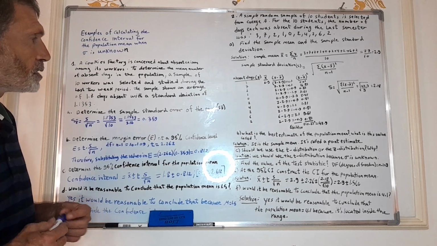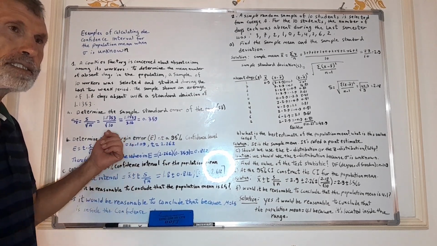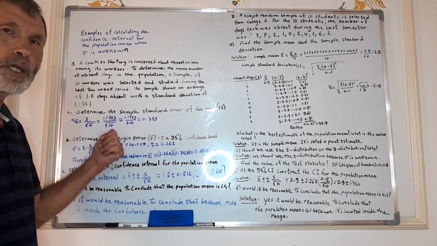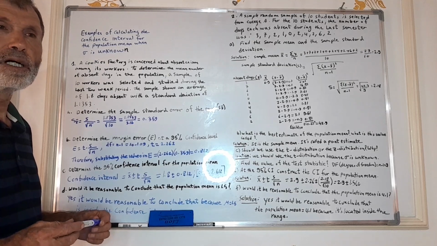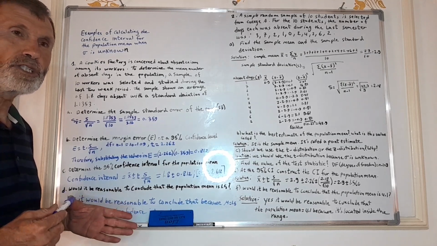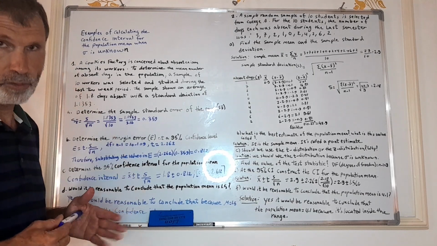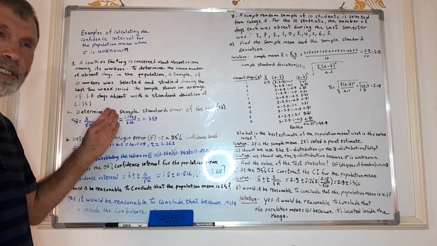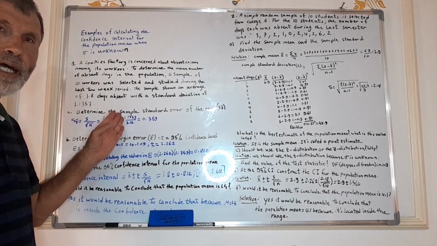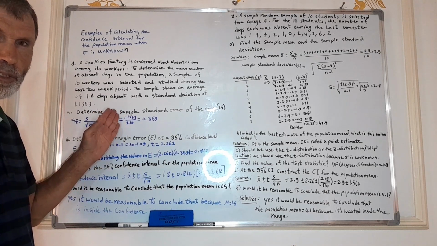So now I'm just going over the question again to show you that this question is solved by using the formula of the confidence interval of the population mean when the standard deviation is unknown. However, previously I did solve it assuming that the population standard deviation is known. No, it is not known.